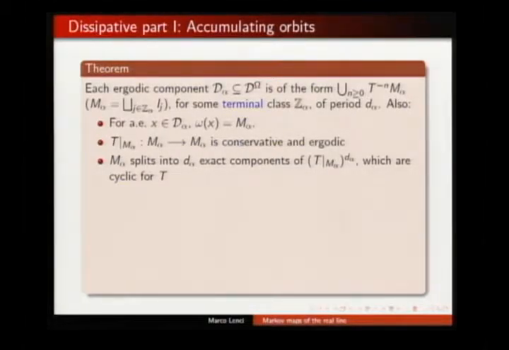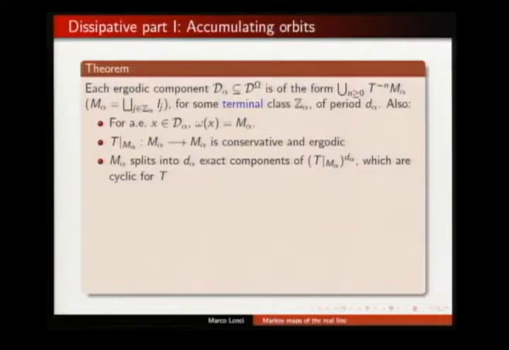Then in this case, you consider these sets M alpha as before, but you consider them together with the whole basin of attraction, together with all their counter images. So this is the set as well.